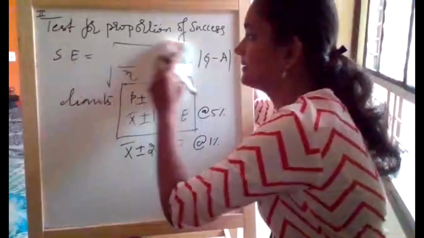Our standard error formula is under root of PQ divided by N. If you read the question, they are asking to estimate the proportion of bad apples in the basket and assign limits. So what is success?